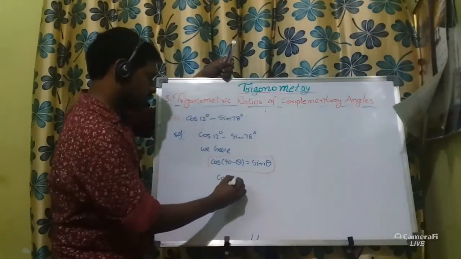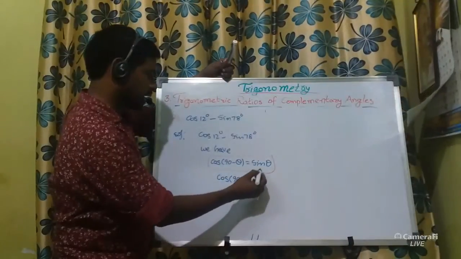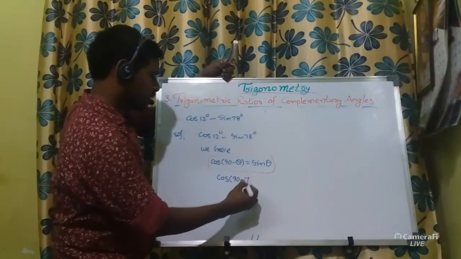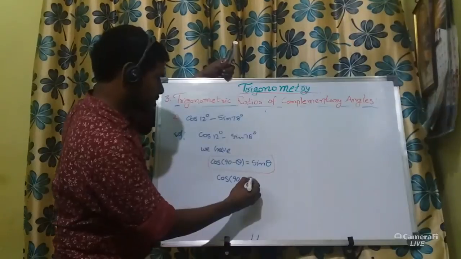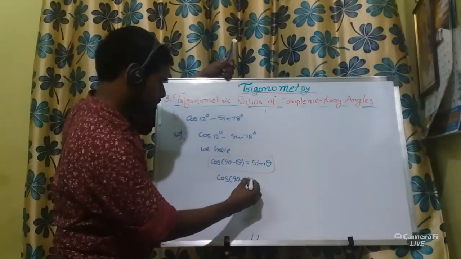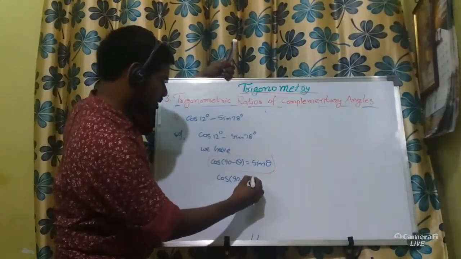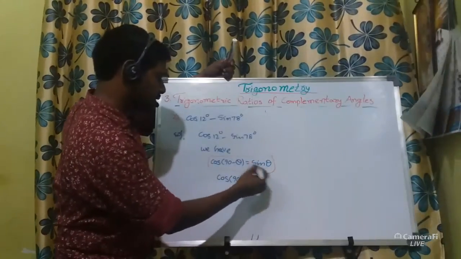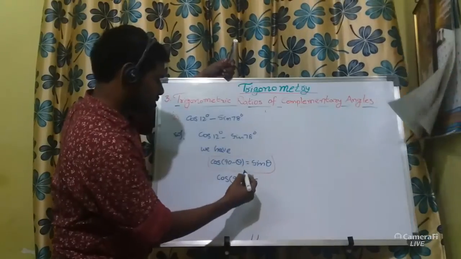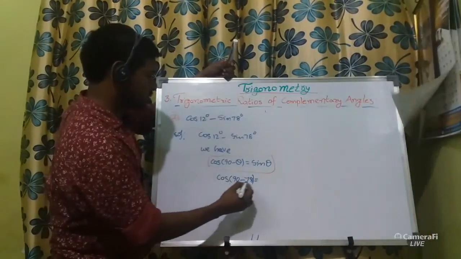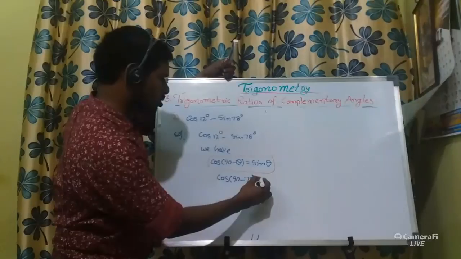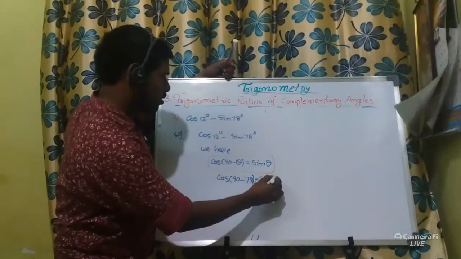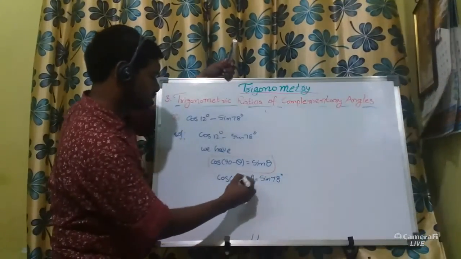Therefore, cos 90 minus, here sin means 78, is equal to theta. What is the value of this? You have to write this. Cos 90 minus theta, with theta equal to 78, is equal to sin 78 degrees.